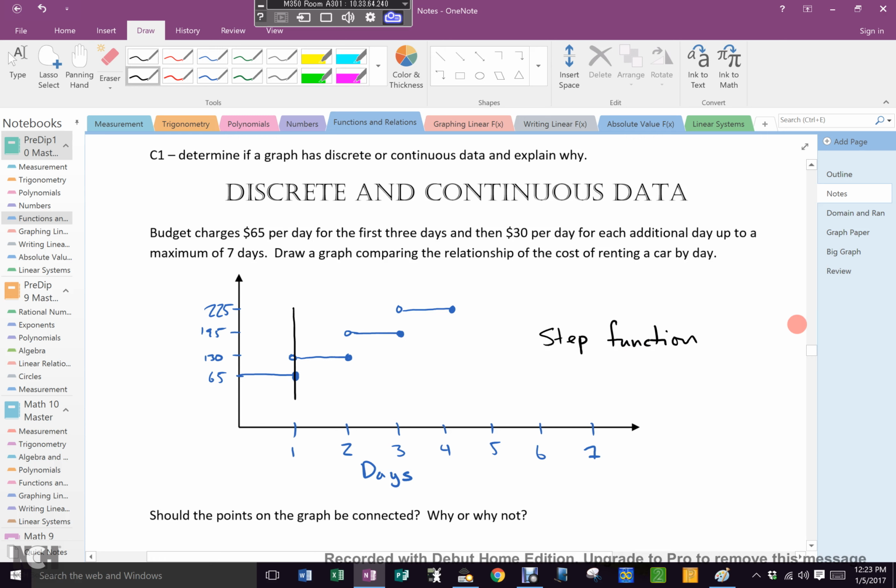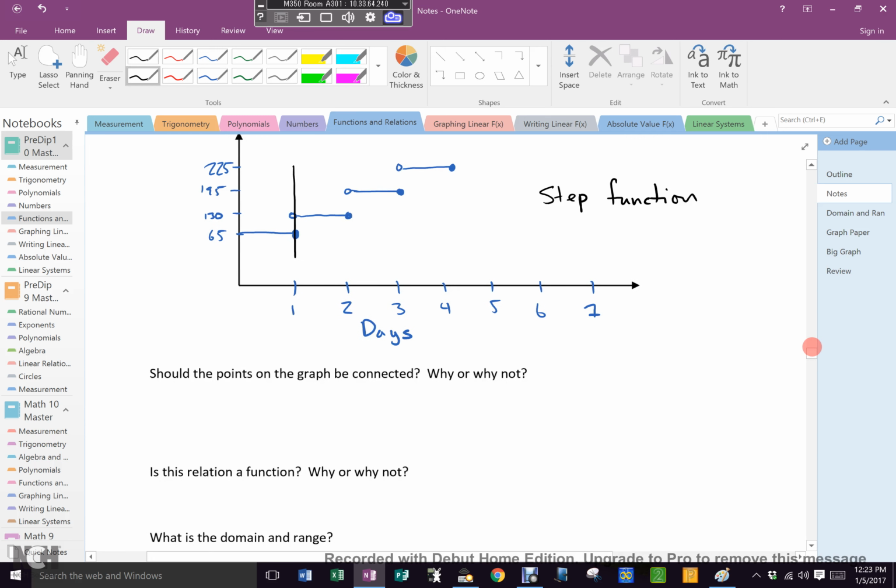Cool? All right, so now the question becomes, should I join the points on the graph? Yes or no? So you can see I'm talking about there, there, there. Should I join those points? Danielle says no. Why?